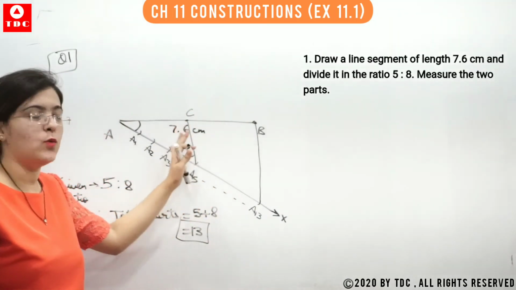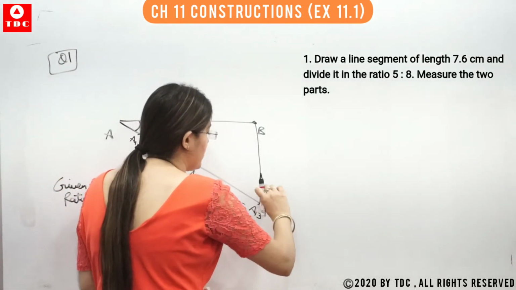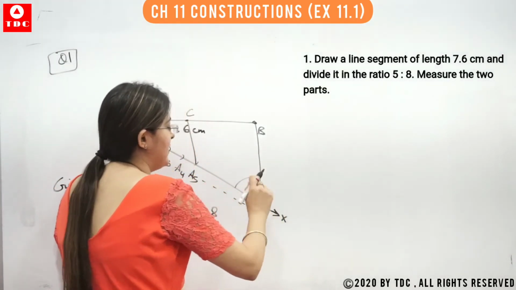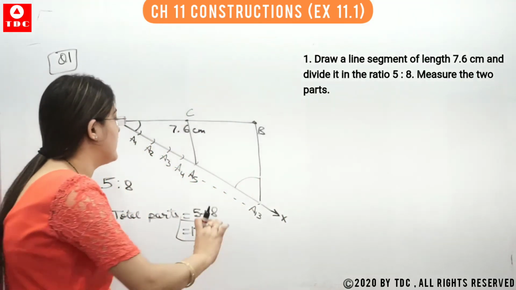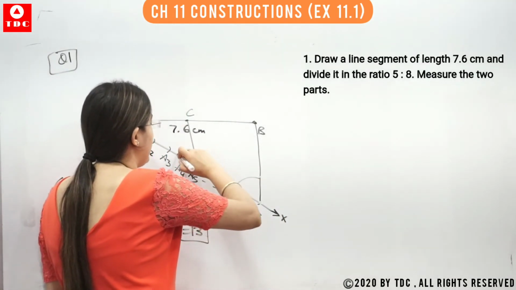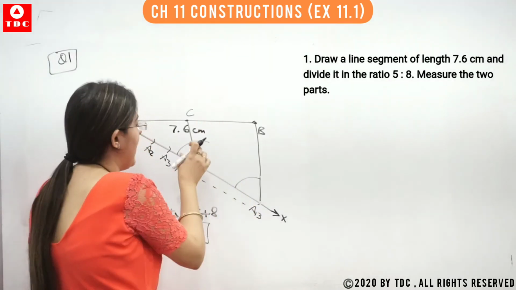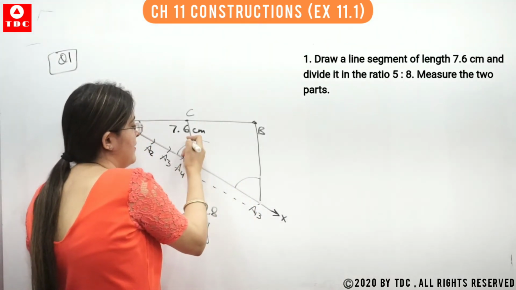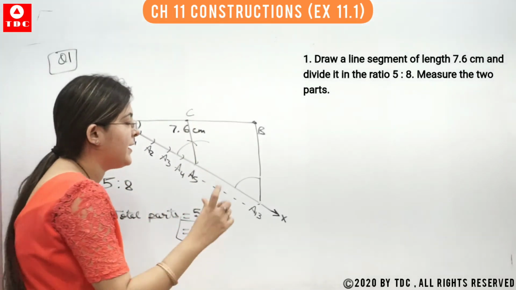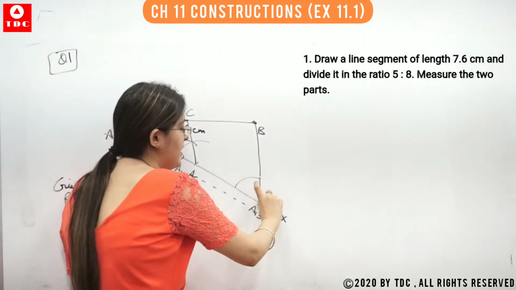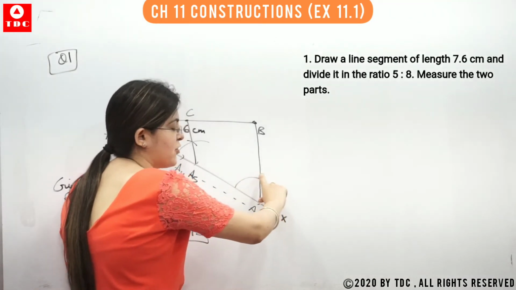You can draw it with your ruler, or you can use the rule you have learned in earlier classes. Take one radius on the rounder, keep the pointed nib at A13 and draw an arc.